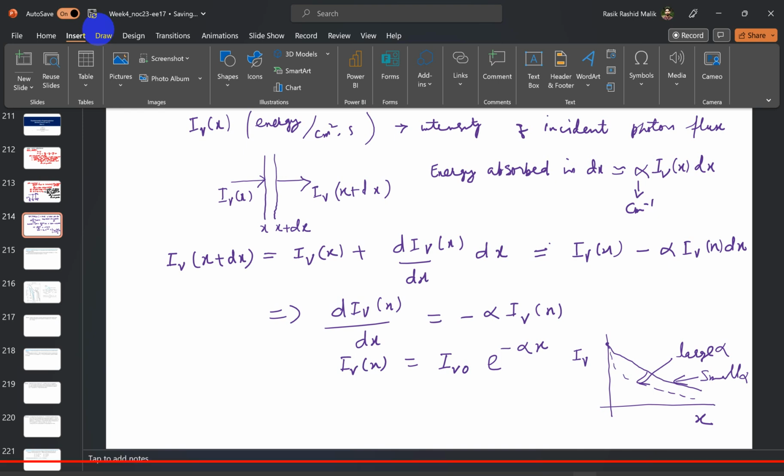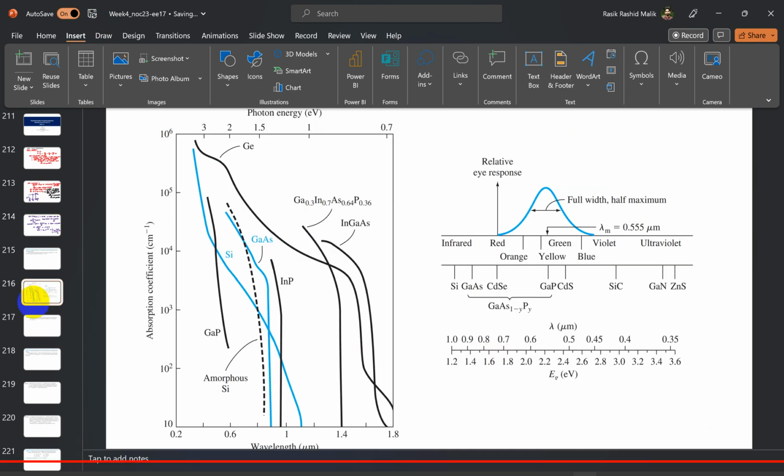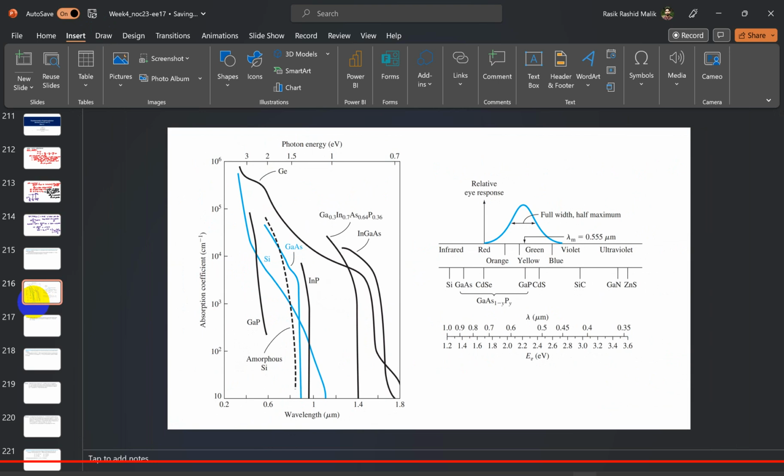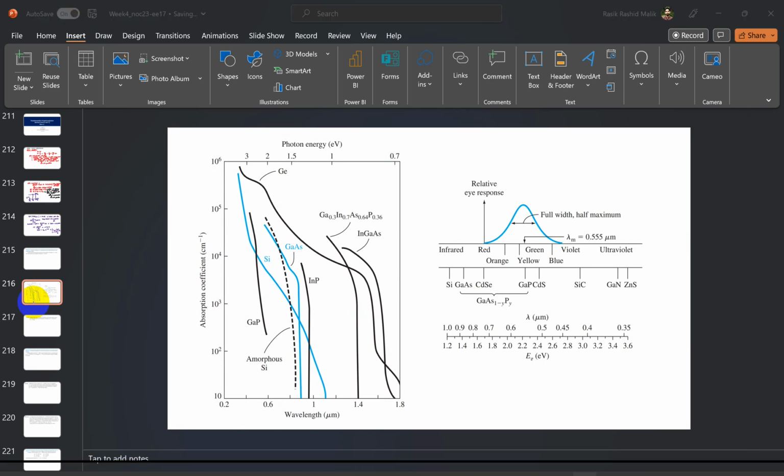Here we have the diagram that shows the absorption coefficient alpha that we are talking about, for different materials as a function of wavelength. This absorption coefficient increases very rapidly when h nu is greater than the band gap.